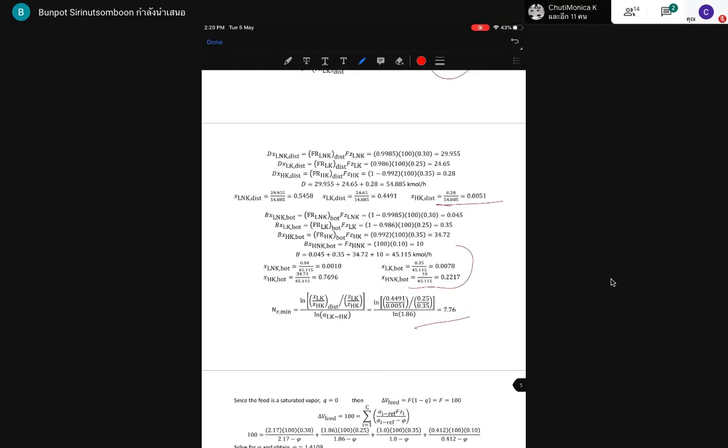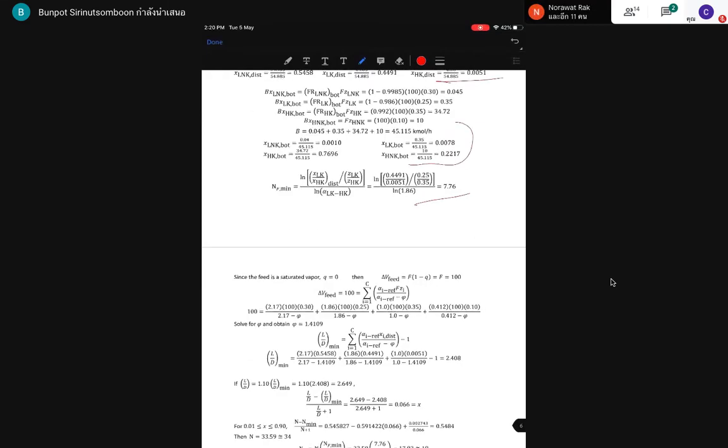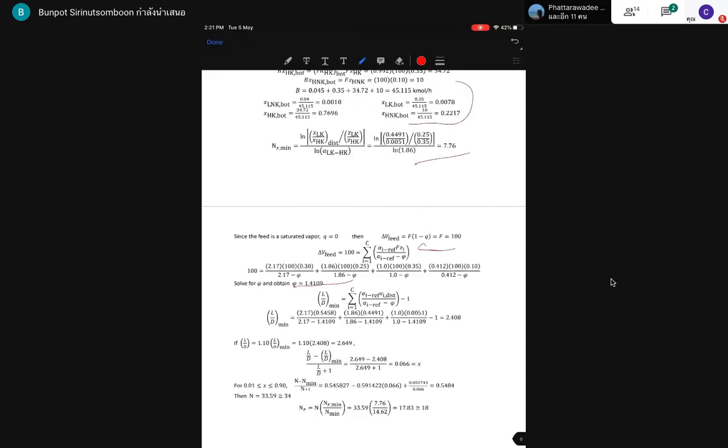Then I use the Underwood equation to solve for phi, and then I can solve for L over D minimum here.